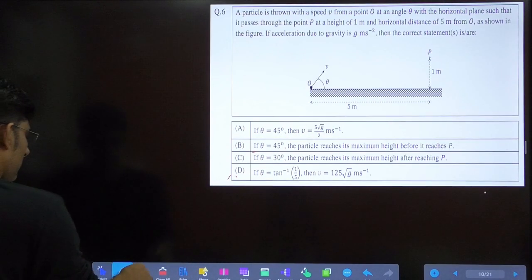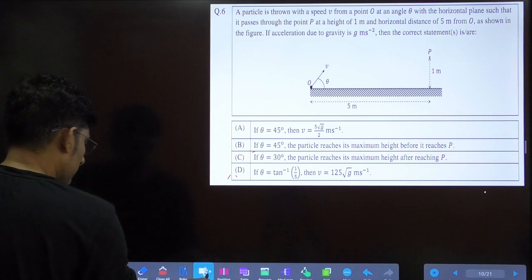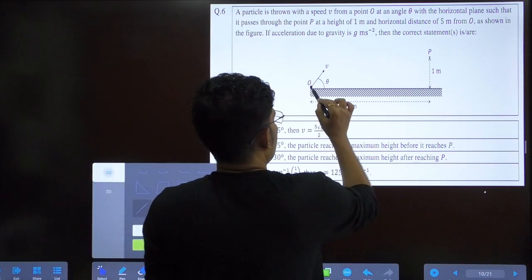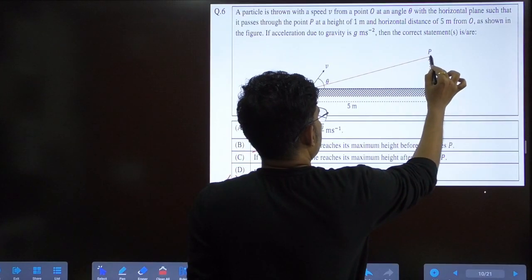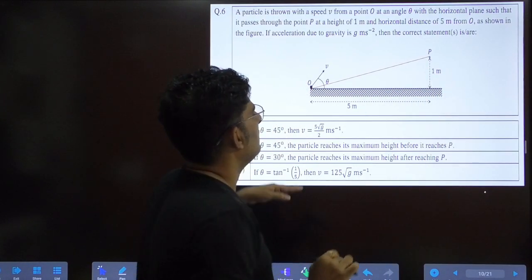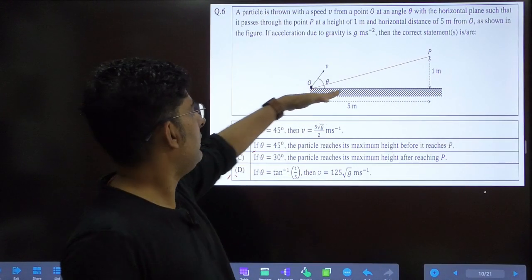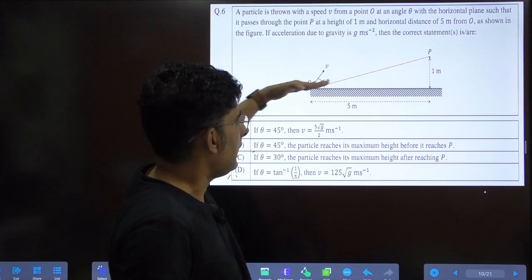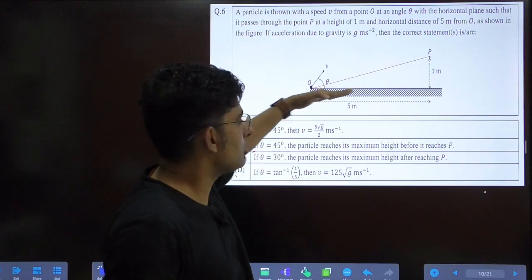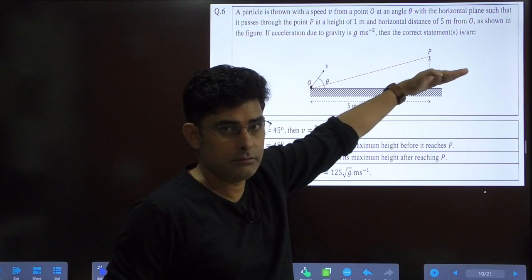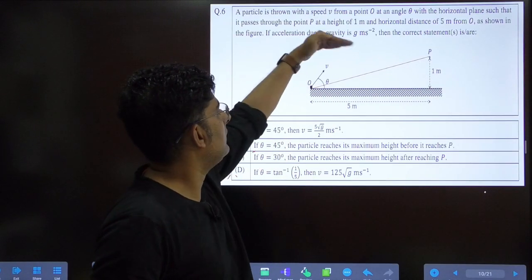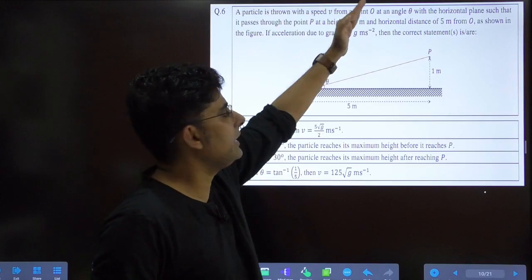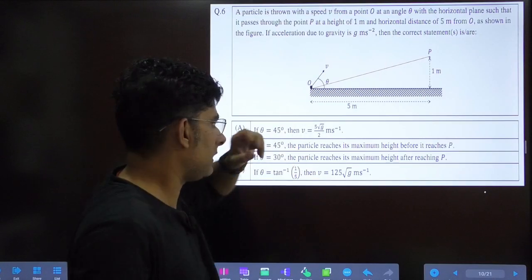So first of all, before solving the question, let's draw a straight line the particle would have followed if it was thrown along this line and there would be no gravity or uniform motion would be there, it would directly hit P. But because of gravity, it will follow a parabolic path and it will hit at P while going up or coming down. That we have to check, right?